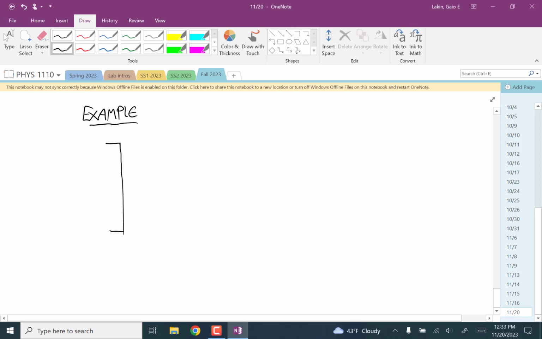Let's think about another case where this time the about point is at the center. And let's think of a point A there and a point B there. Okay? And let's say the angular velocity is positive 5 radians per second.